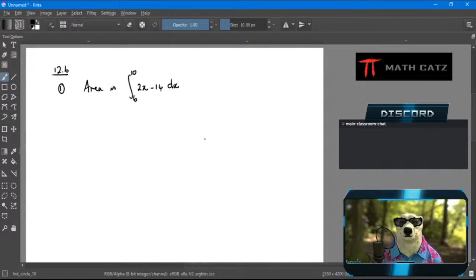Now, we can do this in two ways because I have a very, very simple function to start with. Let's visualize that. This function is a straight line, and if I graph y equals 2x minus 14, my y-intercept is going to be at negative 14.